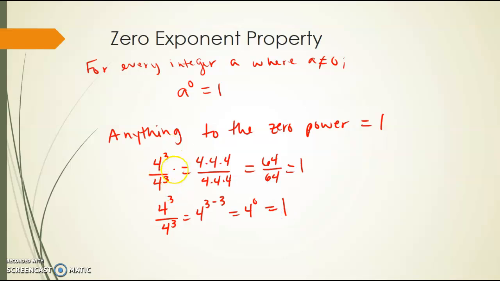Because up here, 4 to the 3rd divided by 4 to the 3rd gave us 1. So down here it would give us the same thing, because anything divided by the same thing equals 1.